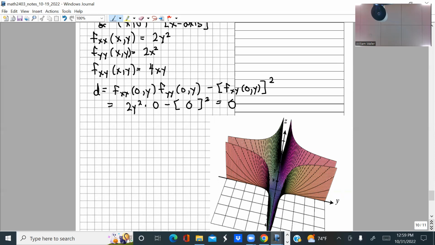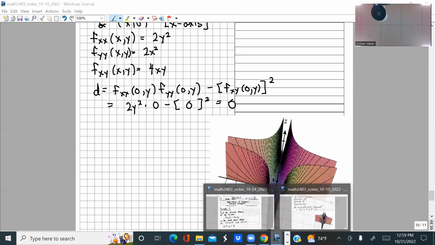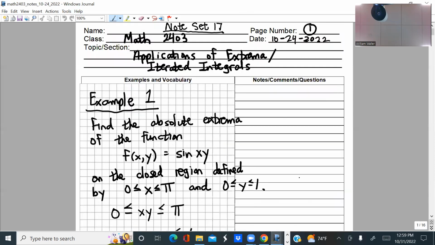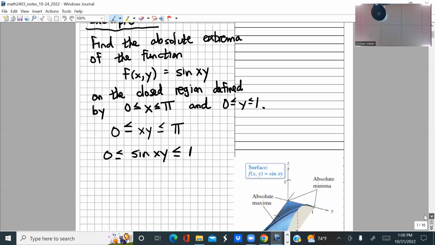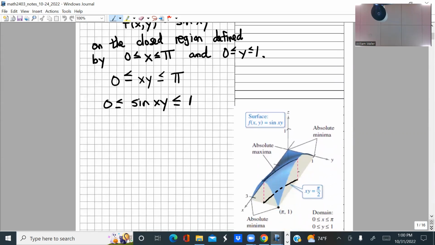All right, so I've got a couple more extreme examples I want to show you, one that's slightly more complex than these examples. That's looking at this surface, which has a very simple formula, sine of xy, but it gives you a nice surface here.